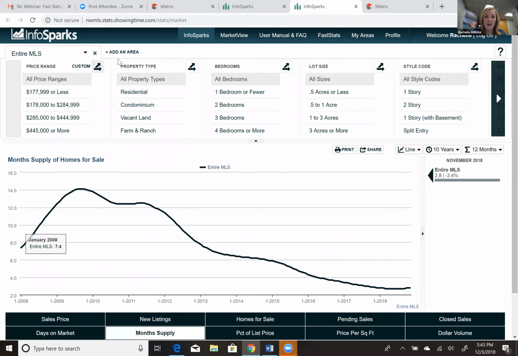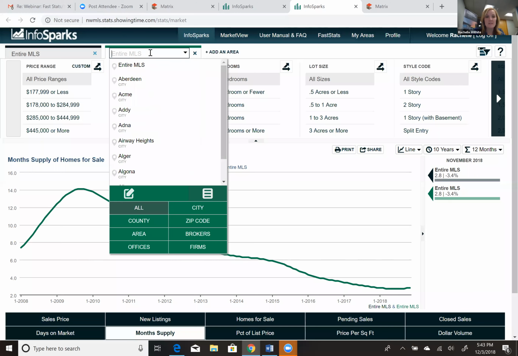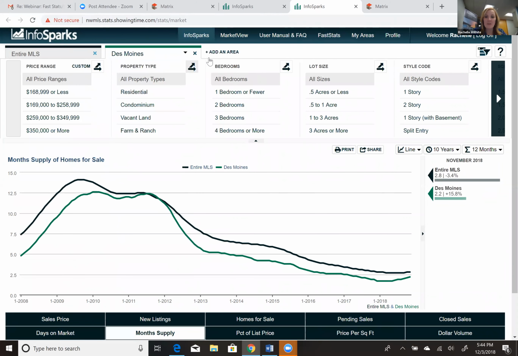Now, if we drill down, which is what we're going to do, we're going to look at an area and say I want to compare the entire MLS to Des Moines. Okay, so I select Des Moines. Now, the other line that I'm looking at here is the Des Moines line. The green line is Des Moines and the black line is the entire MLS.